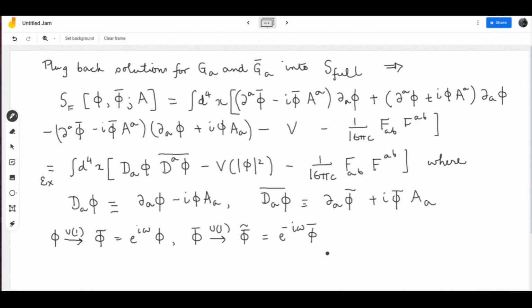Remember this, we did it last time, in the last class on Thursday. Where omega is a constant, a space-time independent constant.